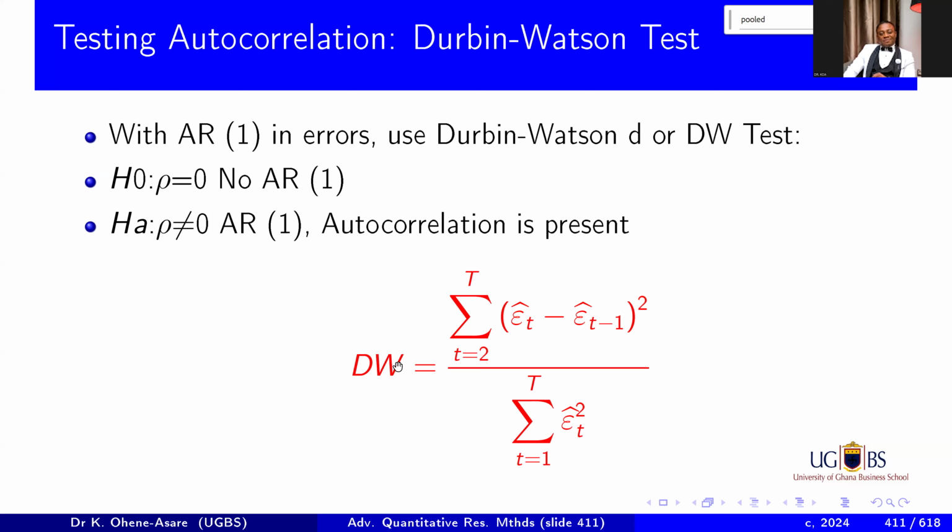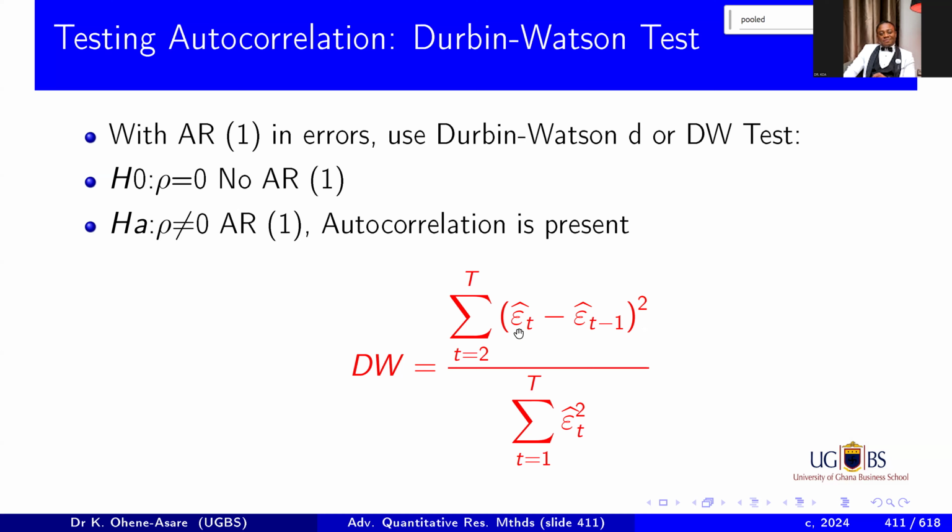How do you do that? You use a Durbin-Watson test. Look at the Durbin-Watson test very carefully. It looks scary, but it's very simple. So first of all, you need to have the errors of the current time period. And you know that even in R, it can give you all the errors. Excel can also give you the errors. Then you subtract the previous period's error from the current period's error.